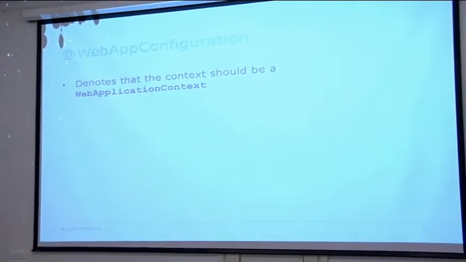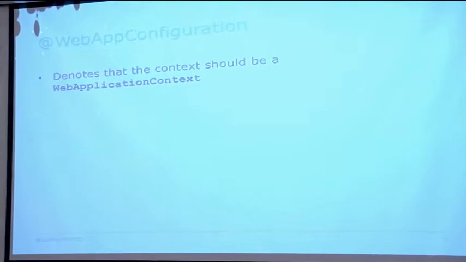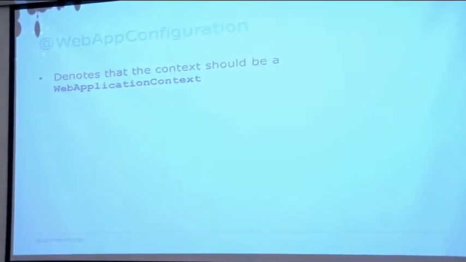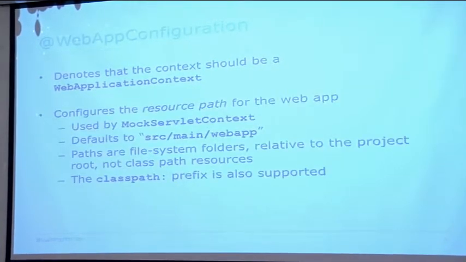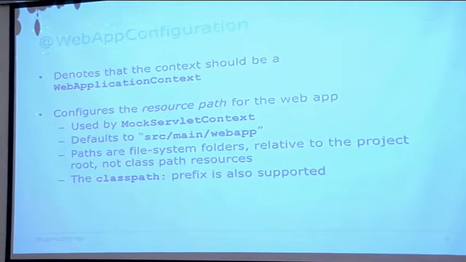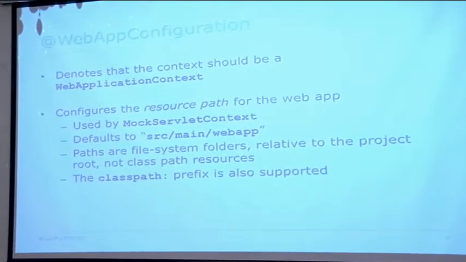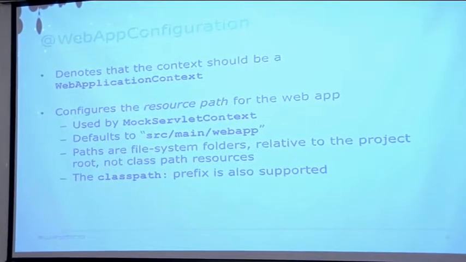The presence of this annotation tells Spring that the application context loaded for your tests should be a web application context, meaning that it should know about the server context, etc. And in the background, it configures some stuff for you. It allows you to configure things such as the resource path for your web application.